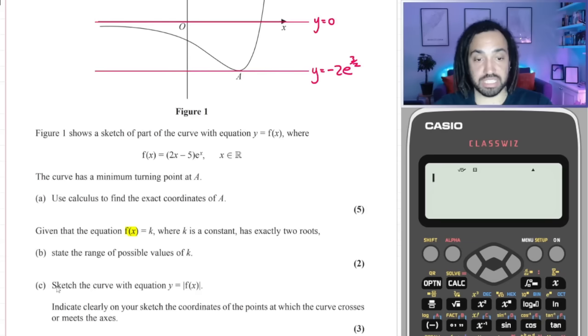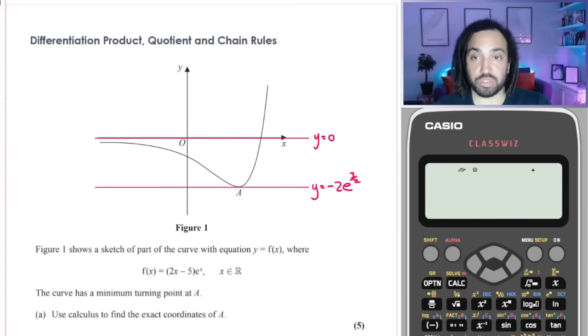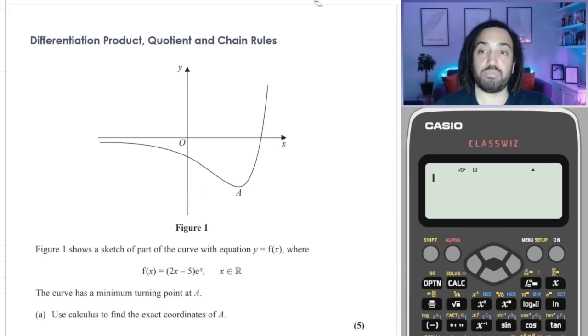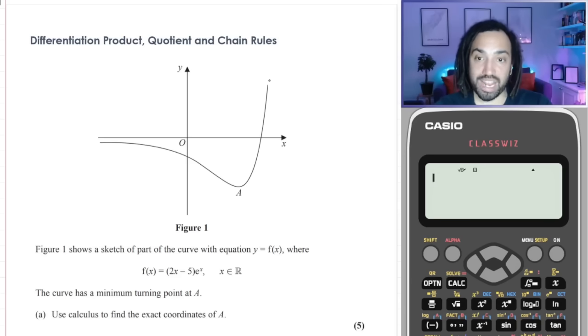Right, so now it says sketch the curve with equation y equals the modulus of f of x, and indicate clearly on your sketch the coordinates where it crosses or meets the axes. Okay, so what I'll do is I'll do it on this diagram because I think it will be more informative. So the modulus graph, when the function is positive, it's going to be exactly the same, like so.